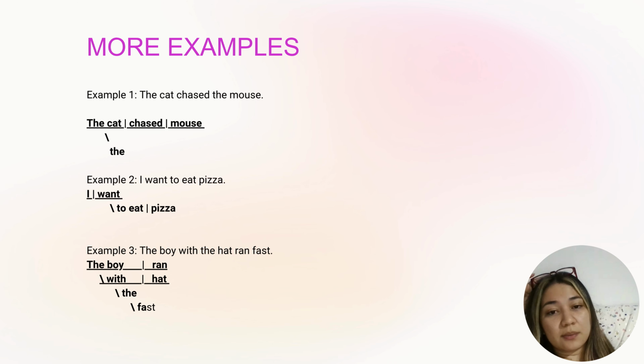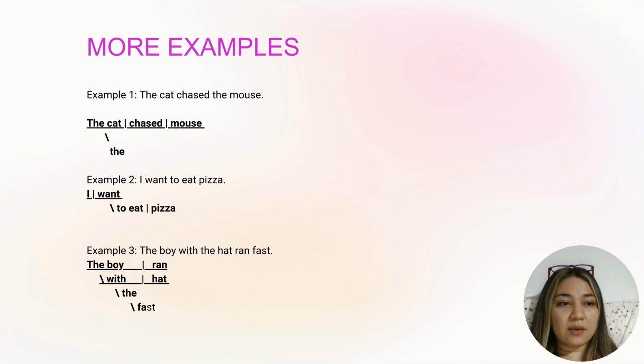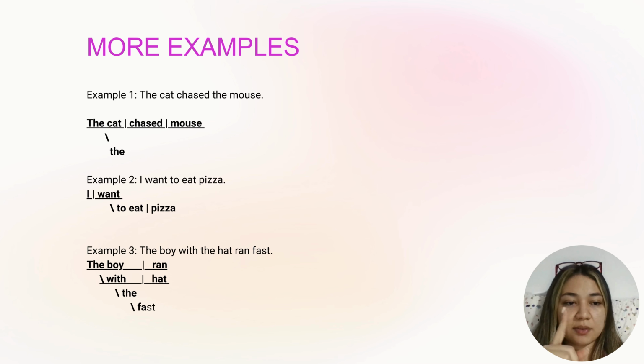We have number two: "I want to eat pizza." First, "I" is the subject, "want" is the verb. "To eat" is another verb, but the first one is the main one. Why? Because it is what I wish, what I want. The other verb describes the action. In this case, we have two verbs, but the first one is the principal verb, right?